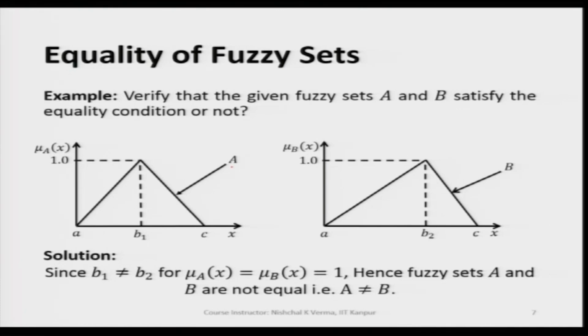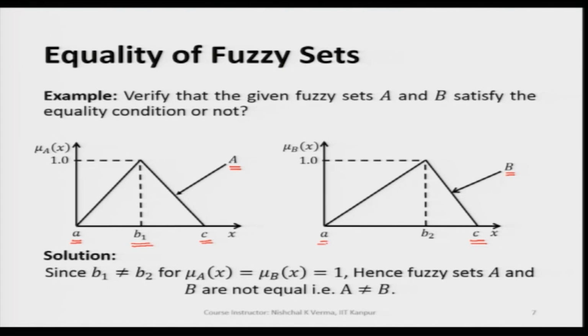Here we have fuzzy set A and the other one is B. We see that between A and B, the generic variable values remain the same, but their corresponding membership values are not equal.